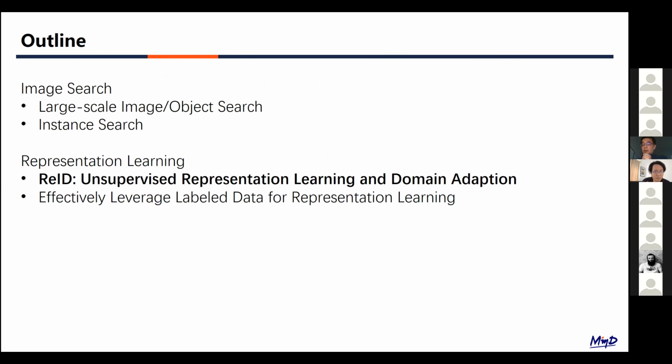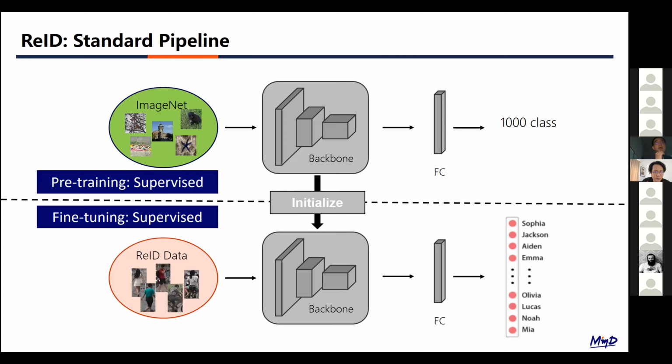Okay, all right, and then the next one, I'd like to talk about representation learning. I particularly like to use ReID to illustrate the power of self-supervised representation learning. For people familiar with ReID, it essentially comprises two processes. In the first place, you apply a supervised learning method to a large data set like ImageNet to learn a pre-trained model.